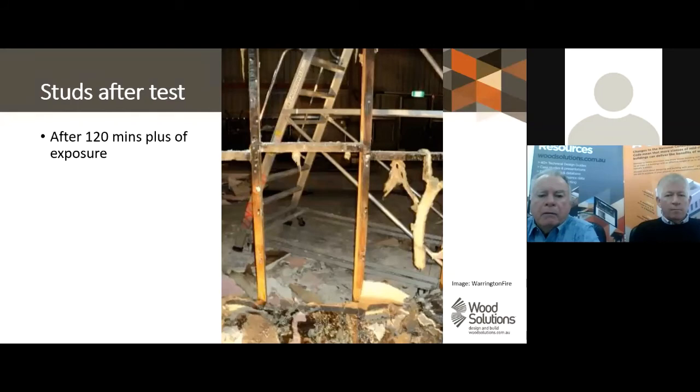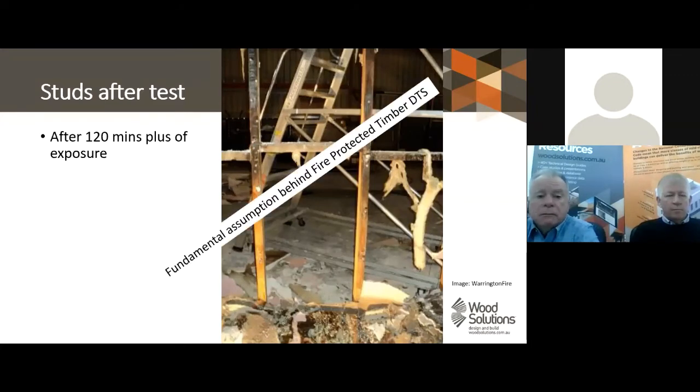And at the end of the fire test, that's some of your residual timber framing after 20 minutes, or in excess of 120 minutes, it was closer to 2.5 hours of exposure. So the fundamental assumption behind fully protected timber in deemed to satisfy was achieved.